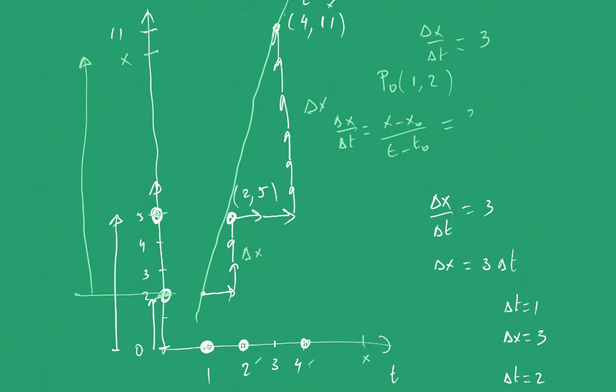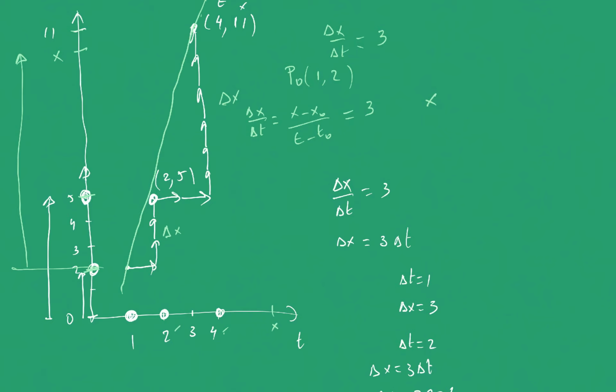So let's put in the data. The point P0 is t equal 1, x equal 2. So x0 and t0. So it will be x minus 2 divided by t, generic variable, minus 1, t minus t0, equals 3.